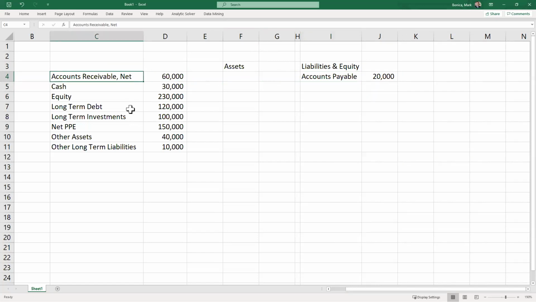Okay, next down, accounts receivable, net. Warren Clinic operates on accrual basis accounting. So when one of their providers sees a patient, let's say the patient's bill is $100.